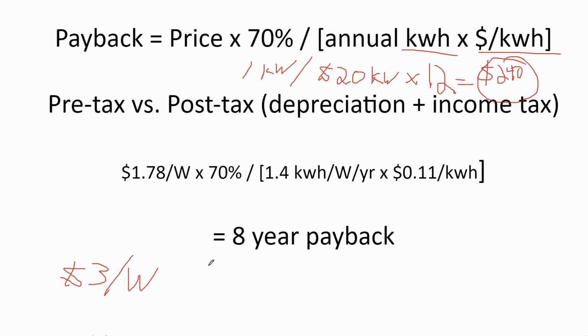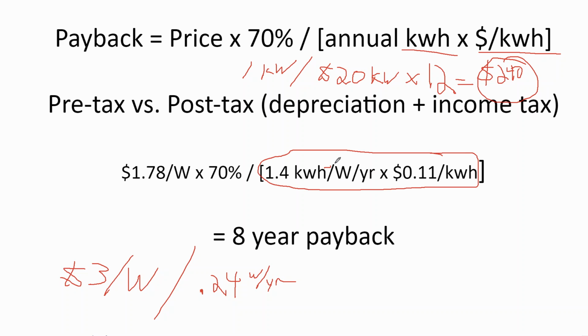In other words, 1 watt saves us 24 cents a watt a year. Whereas if we do a more traditional solar generation rate, 1.4 kilowatt hours per watt per year times an effective generation rate of 11 cents a kilowatt hour, that's going to be 15.6 cents per watt per year.